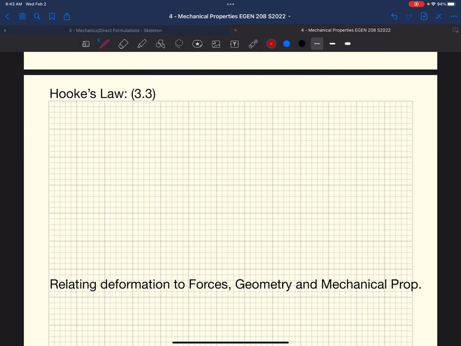Well, in 3.3 of the text, they talk about this idea of Hooke's law. You guys know what Hooke's law is, right? It comes back from the stress-strain response. It's that relationship between stress and strain, which is our modulus of elasticity.